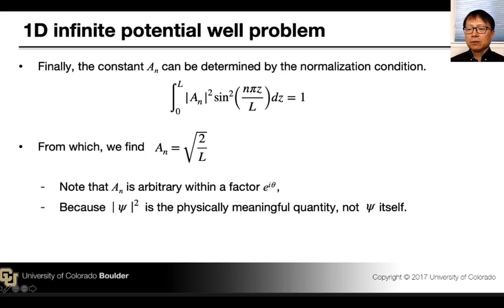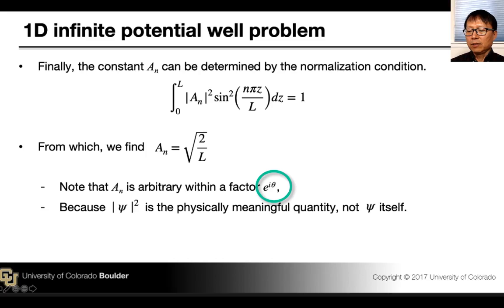Now, because the normalization condition gives us a condition for the absolute value of A sub n, we are free to add any arbitrary phase factor with a unit modulus, e to the i theta, and theta could be any real number. It doesn't really change anything, because the physically meaningful quantity, once again, is the absolute value squared of the wave function.